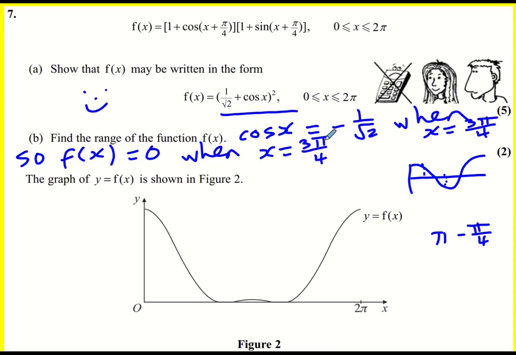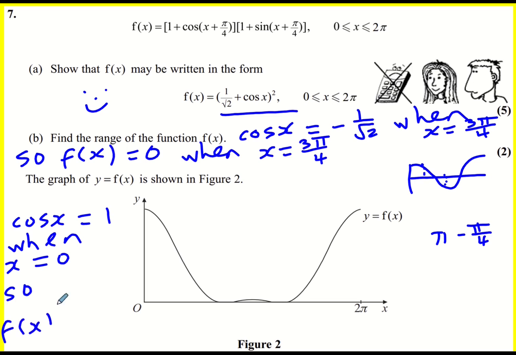And then cos x will equal 1 when x is equal to, say, 0. So f of x will equal 1 over root 2 plus 1 squared, which we could expand out.